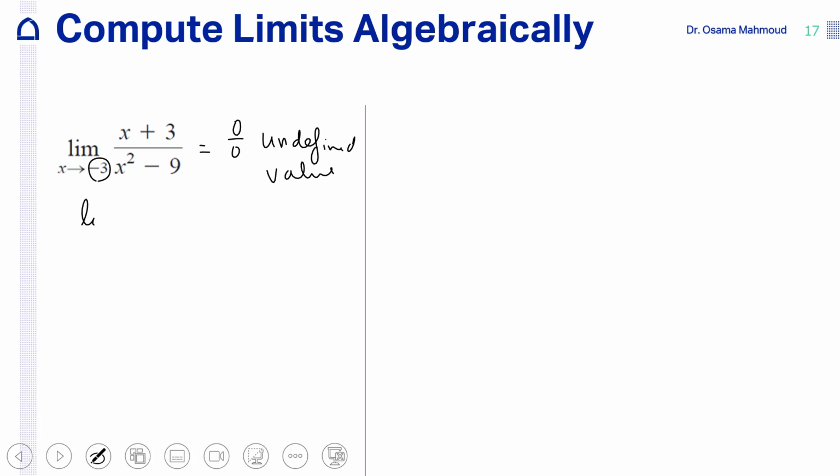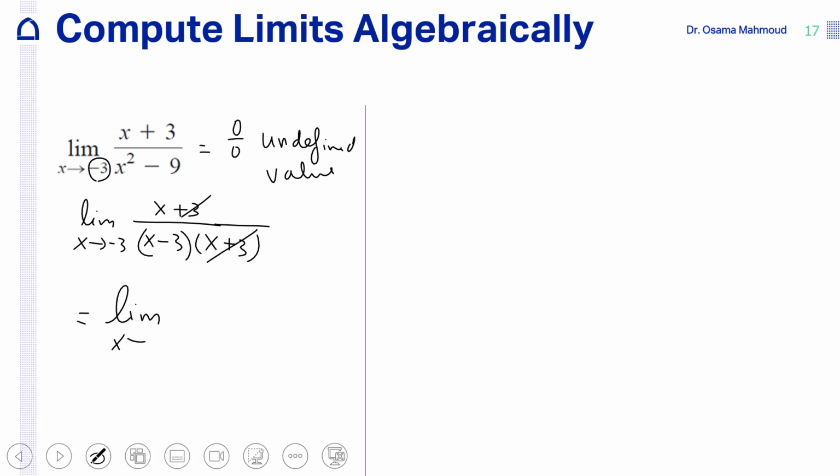So this is the limit as x tends to minus 3, x plus 3. Now this is a square difference, so x minus 3 and x plus 3. You can cancel out this one with this one, and you end up with the limit when x tends to minus 3 for only 1 over x minus 3.